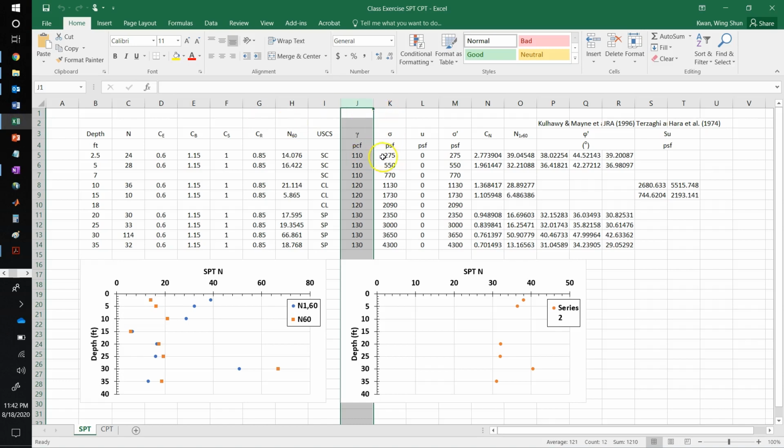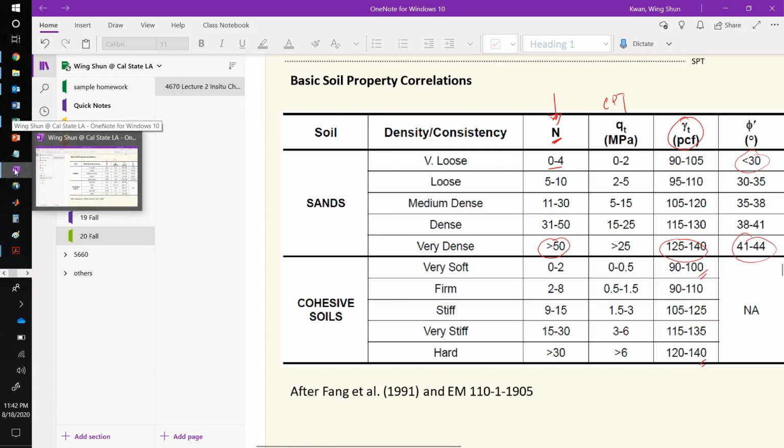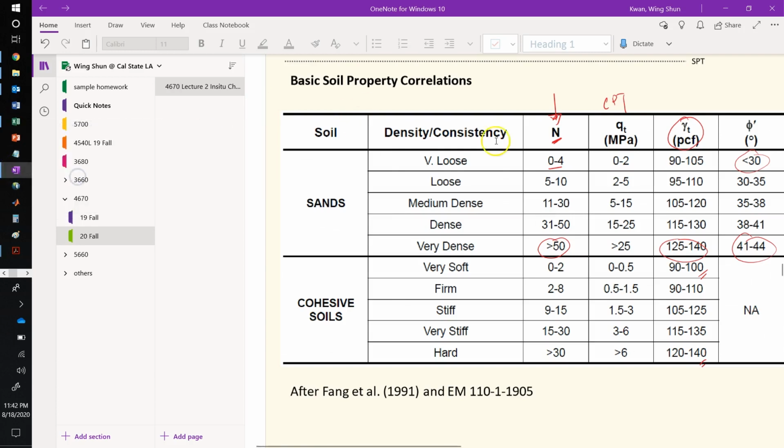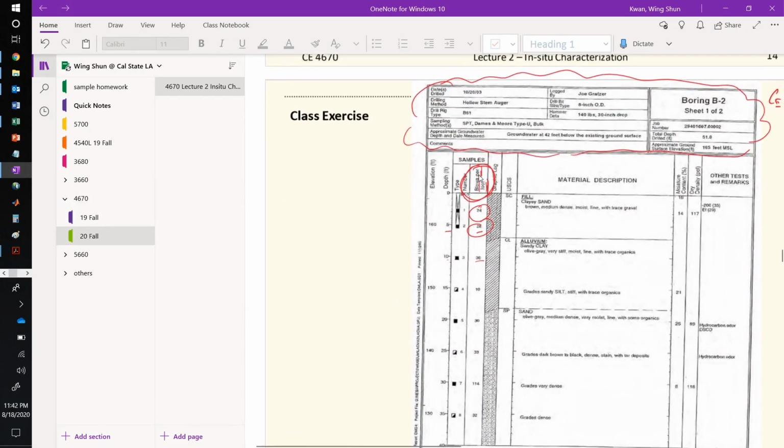And once you know the unit weight, you can calculate the vertical stress, and also you can calculate the pore pressure. If you have encountered water tables in your boring logs, in your boreholes, then you should receive the information right there about the water table.